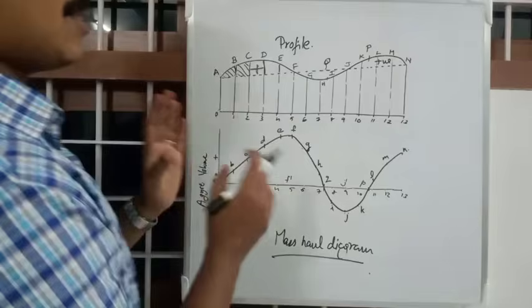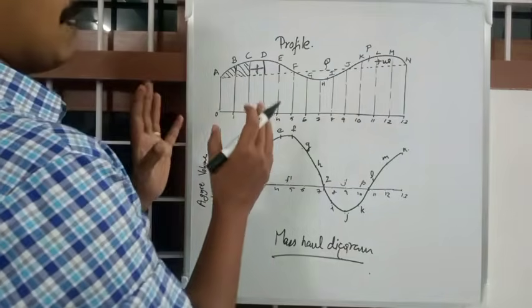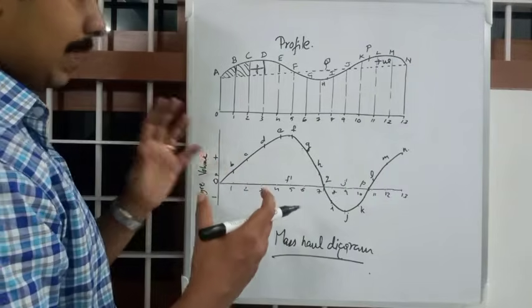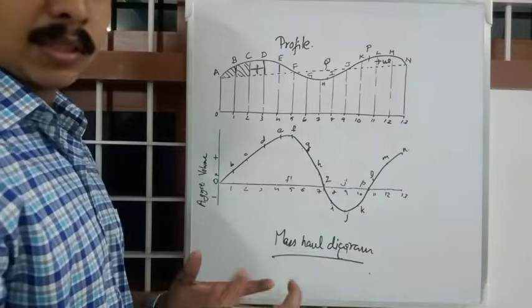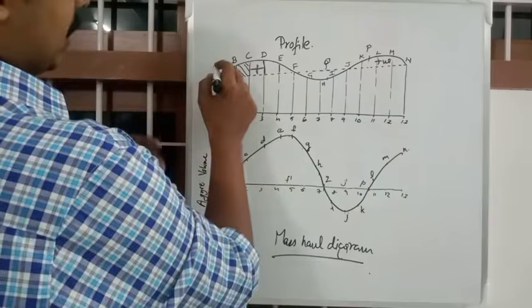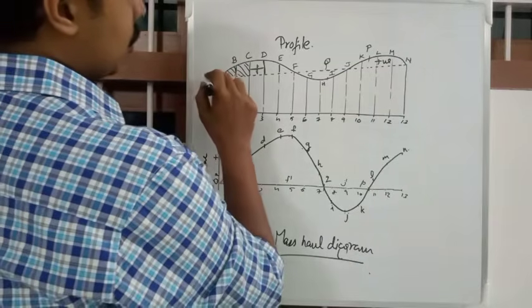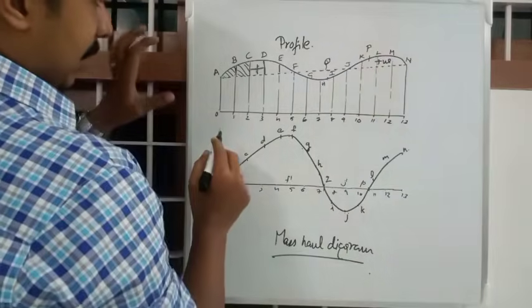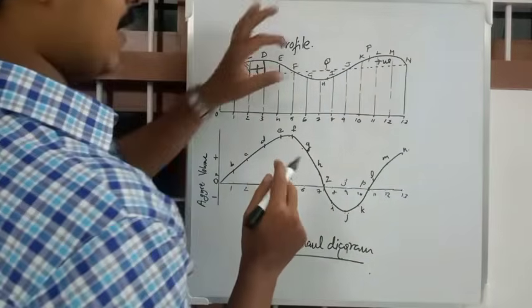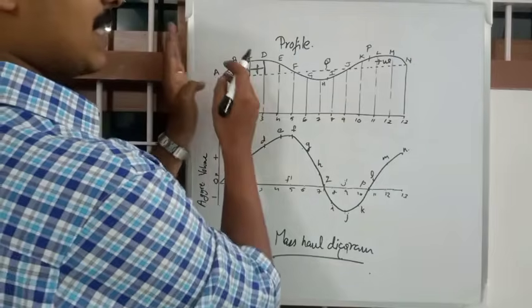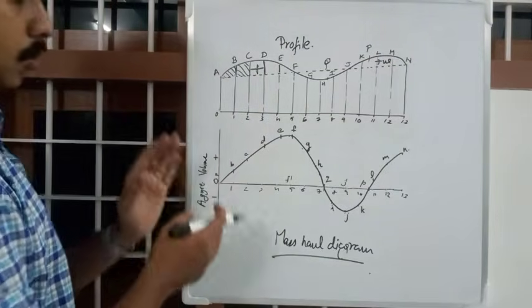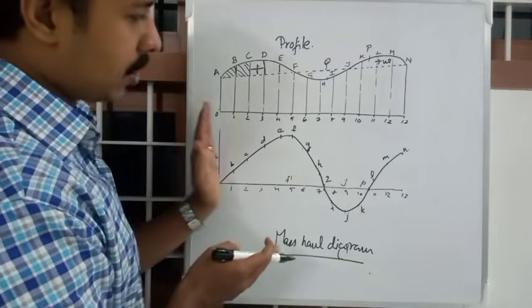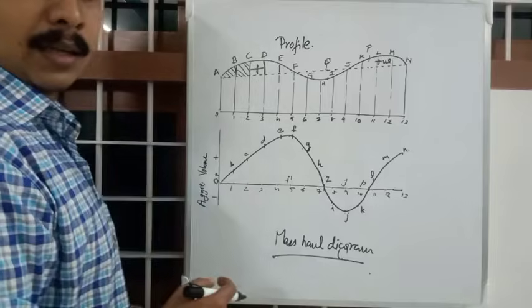Suppose we have a big truck or a big earth moving machine like a JCB. We have it at A and it is moving towards the right, towards N, continuously with the earth whenever it is carrying it. So a JCB or a big truck is moving the earth towards the right side like this.